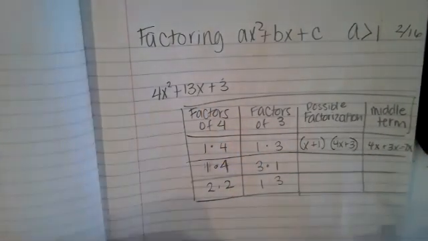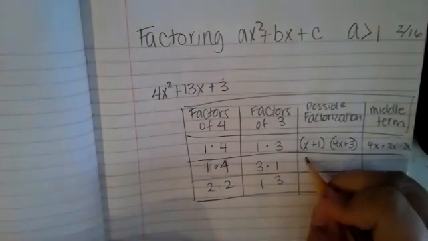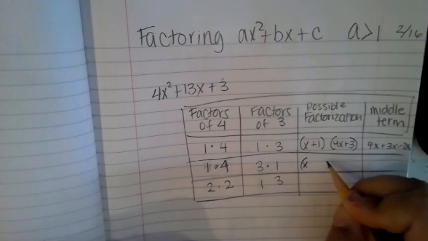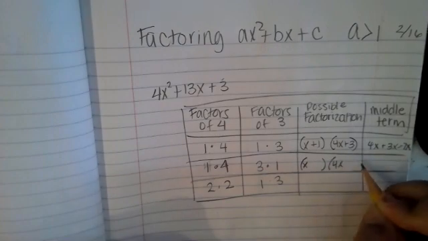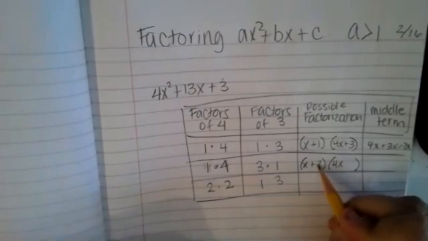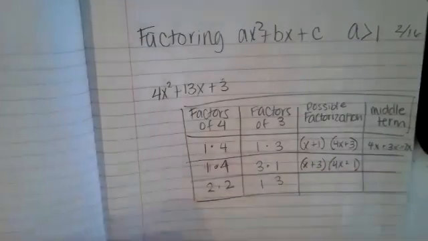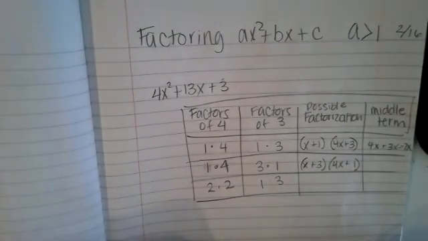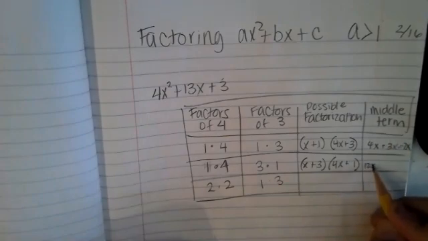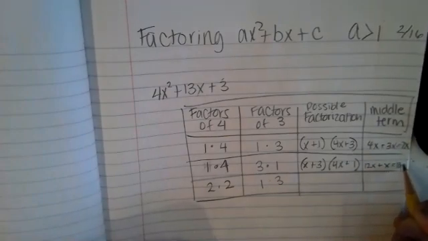So now I'm going to look at my next one. This one is going to be x and 4x again, and then I'm going to have plus 3 plus 1. When we do this, we end up with 12x plus x, which equals 13x.